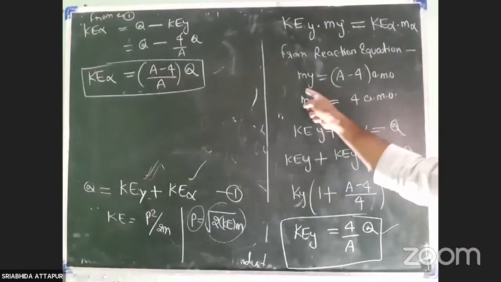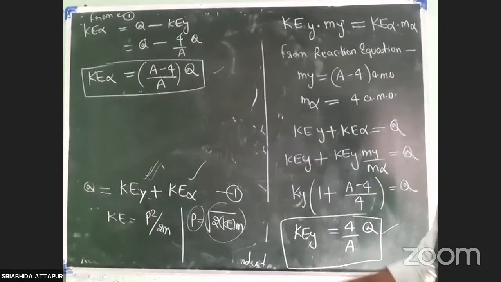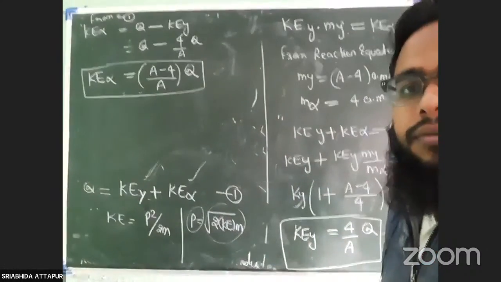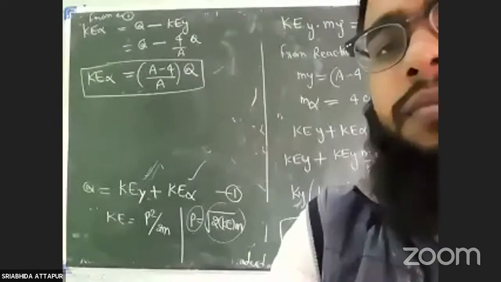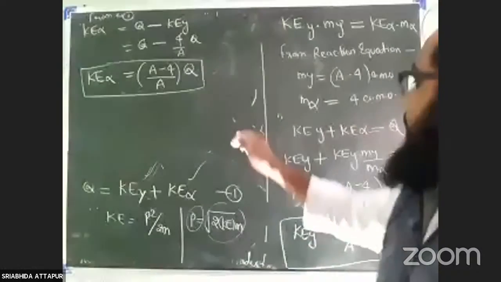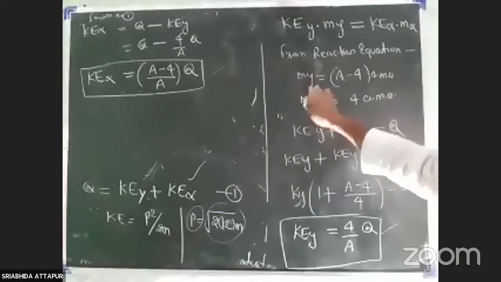Now see, what is the mass of y? It is A minus 4.